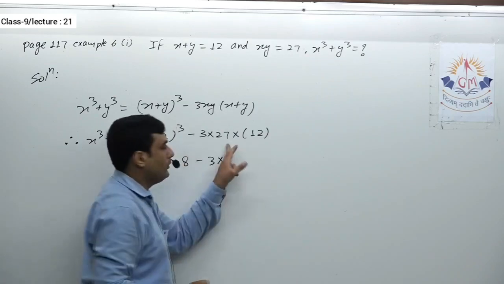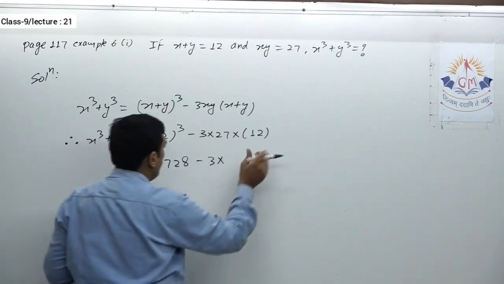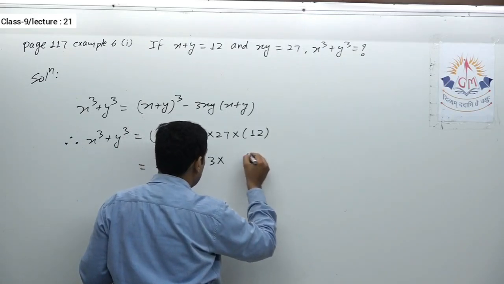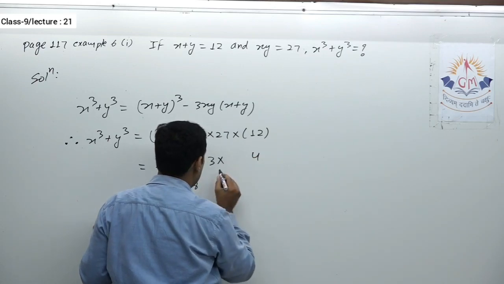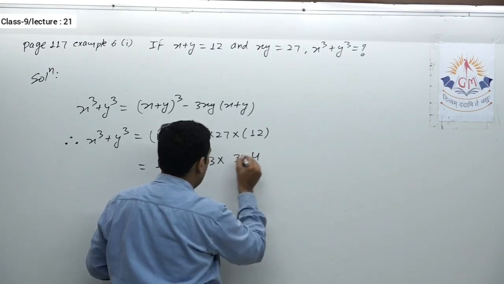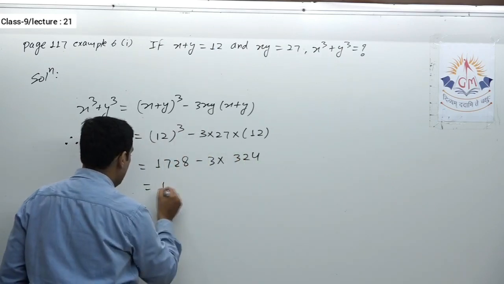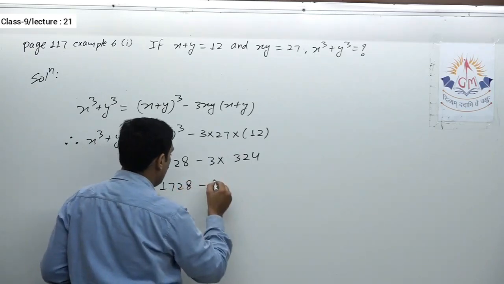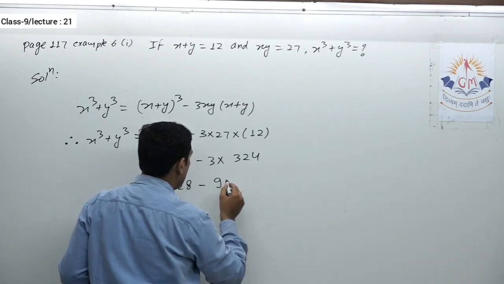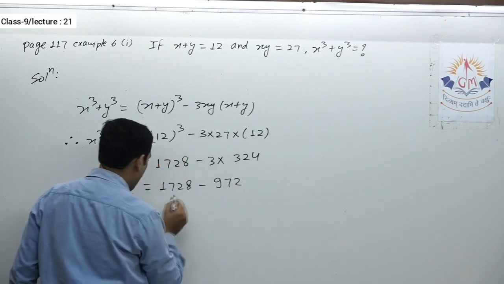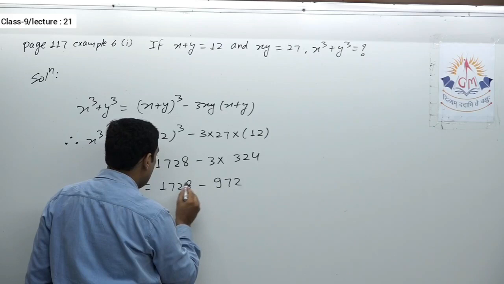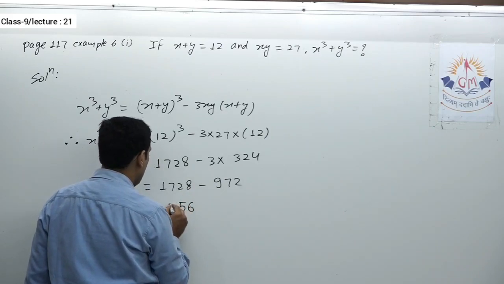I will multiply first 12 into 27, because it's easy to do so. So 1728 minus, now this will become 972. So final answer, 8 minus 2 is 6, 12 minus 7 is 5, 16 minus 9 is 7.